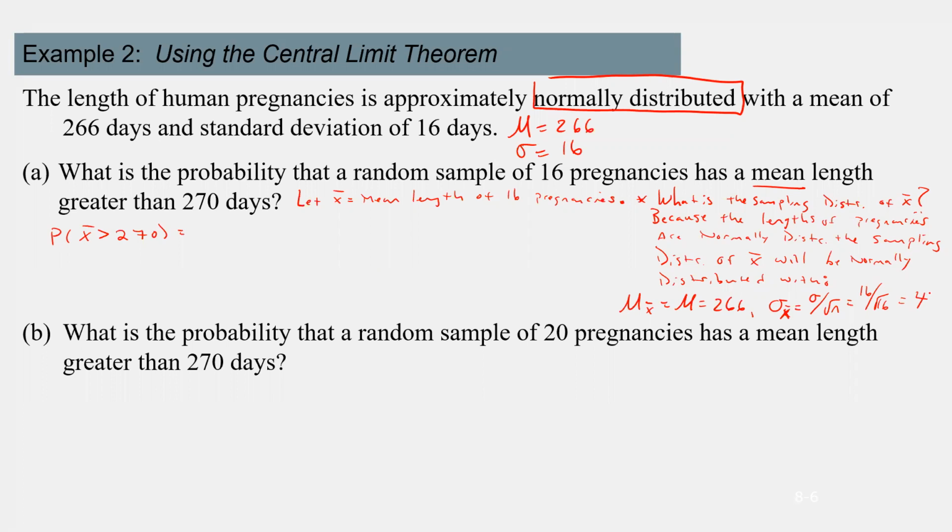Okay, so now we can actually answer the question. We know it's normally distributed. I asked you for this probability, so I sketch it. It should be centered at 266, and I want it to be greater than 270, so I'm going to shade to the right, like that.